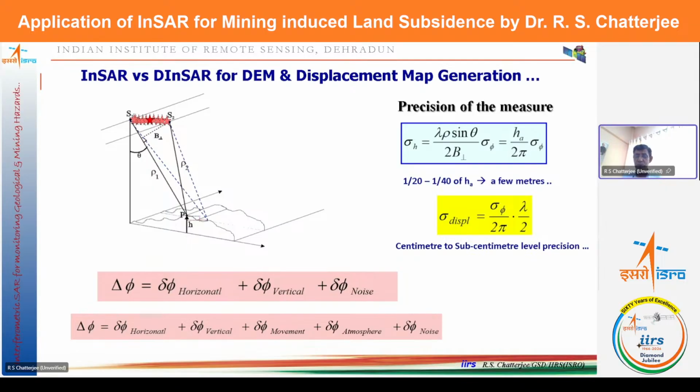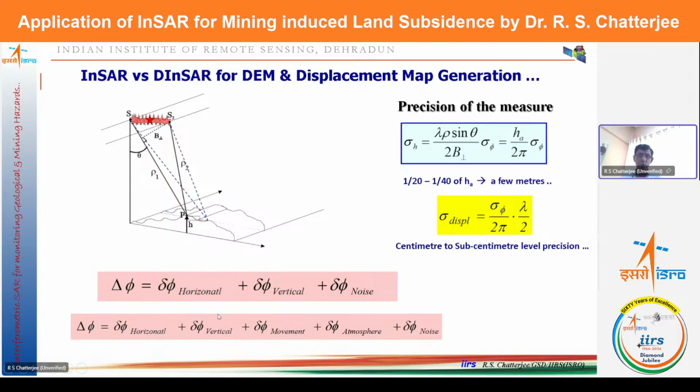And the other component is noise. You can also have atmospheric phase if you take two images at different times, because the atmospheric profile may not be the same on two different dates. And noise comes from temporal decorrelation and spatial decorrelation, other than thermal noise.